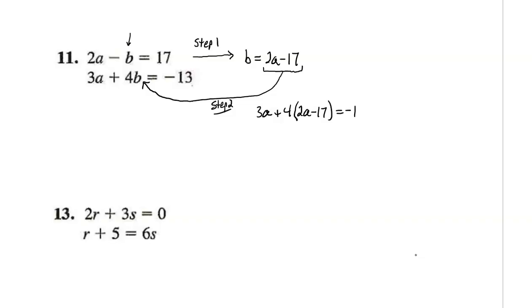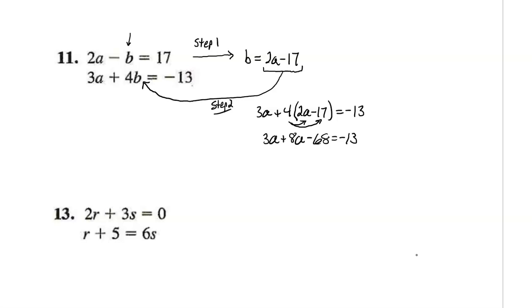And that's equal to negative 13. And now solve this. A little bit of distributive property. This is 3a plus 8a minus, what is 17 times 4? That is 68, and that's equal to negative 13.